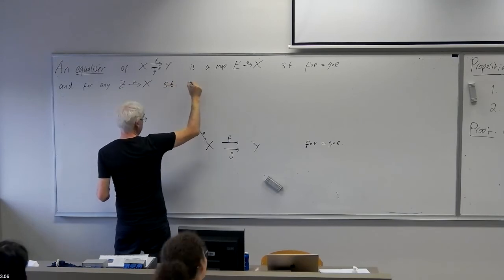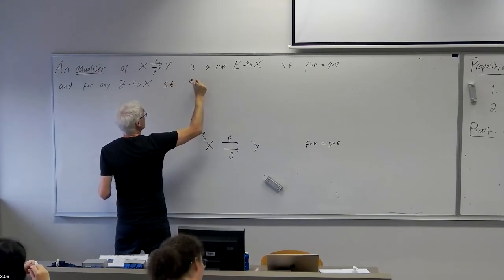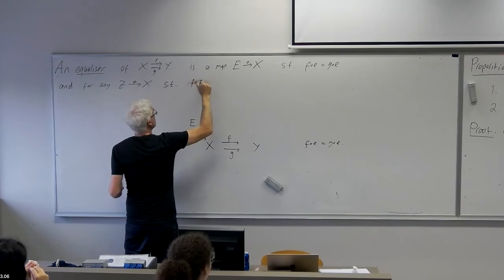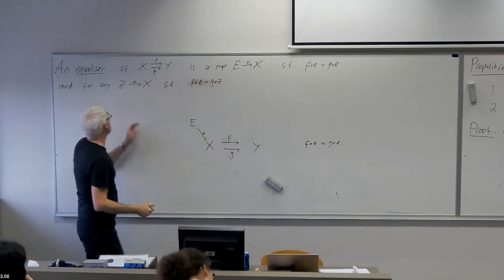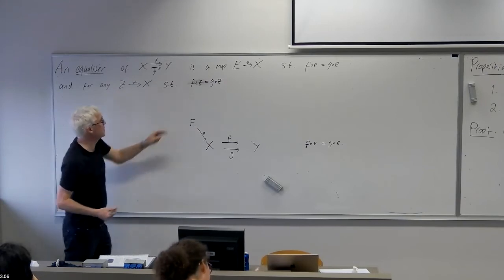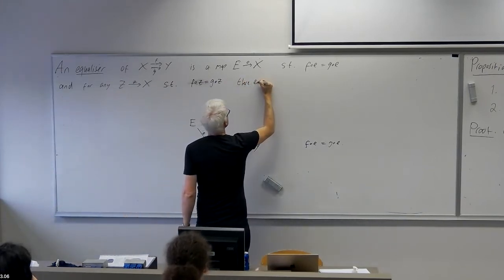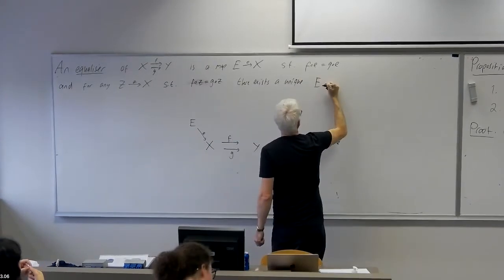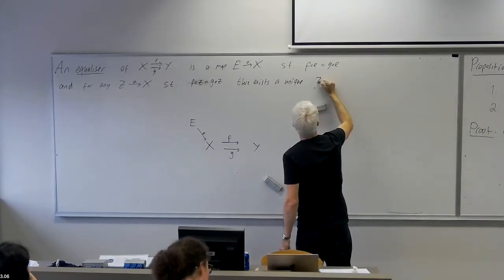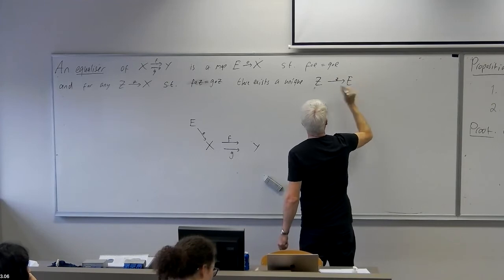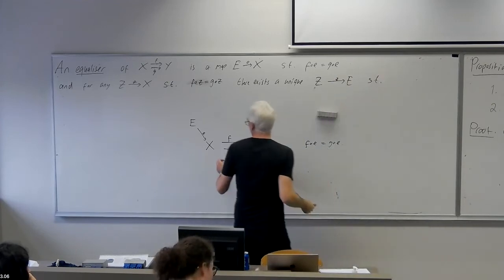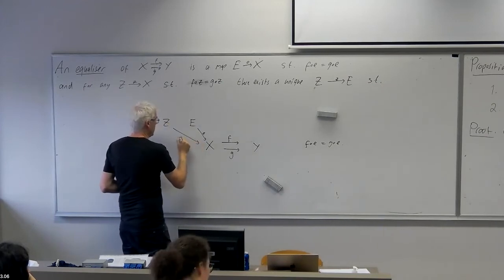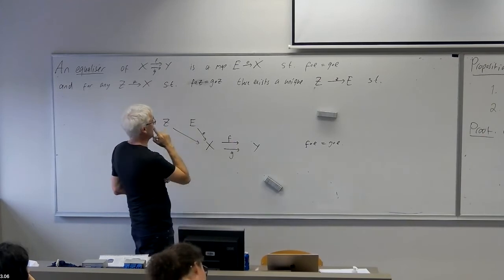such that f composed with z equals g composed with z, there exists a unique map of cones from Z to E. Unique map from Z to E, such that it's a map of cones.